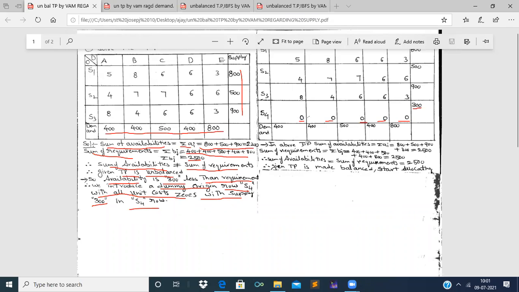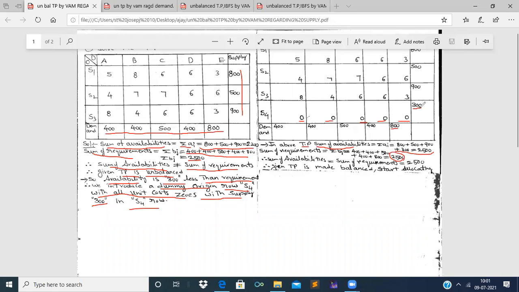Now let us see. In the above transportation problem, the sum of availabilities is equal to the same 2500, and the sum of requirements is 2500.